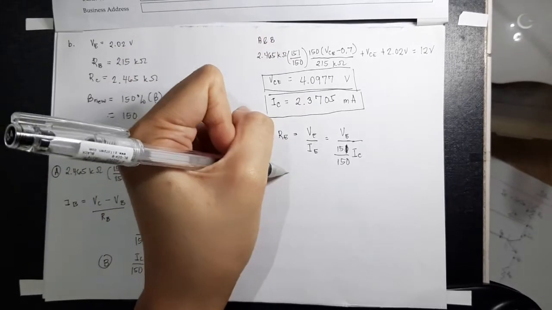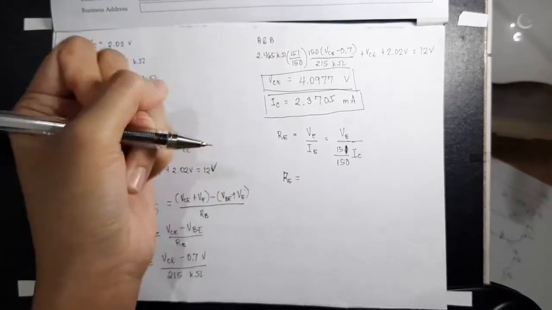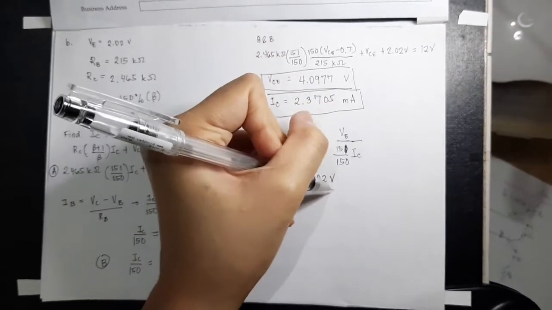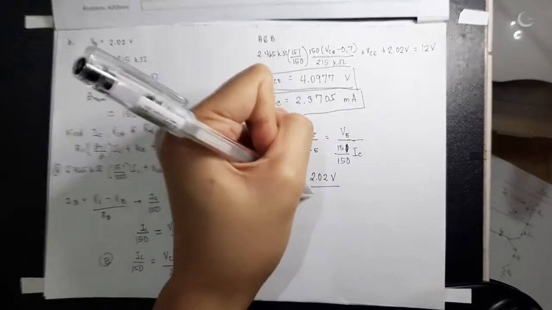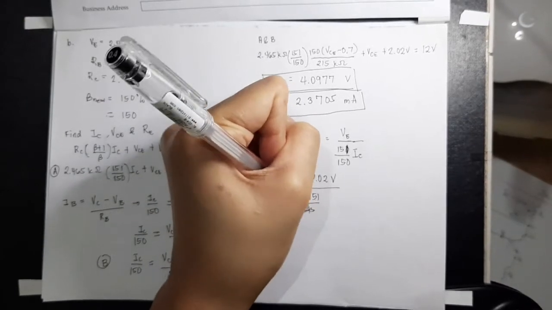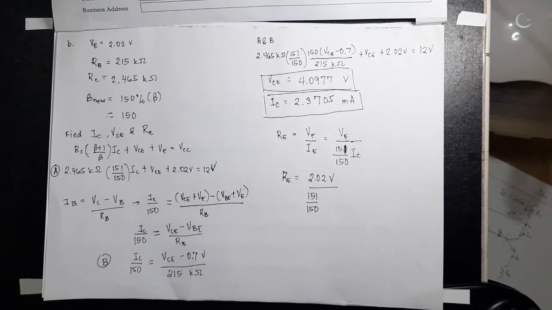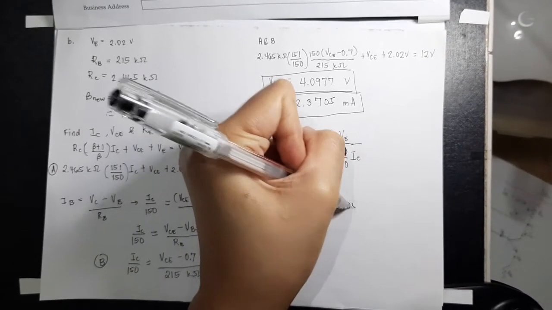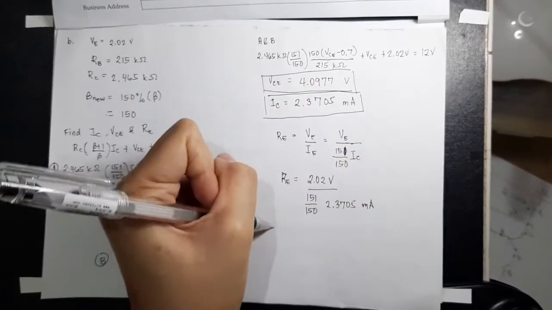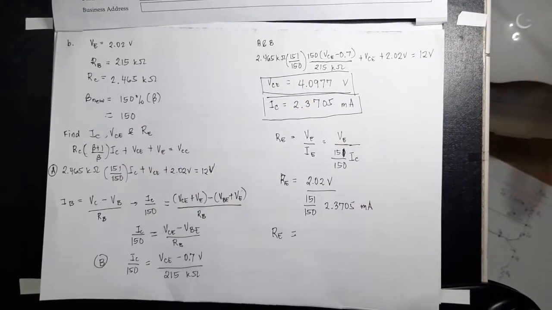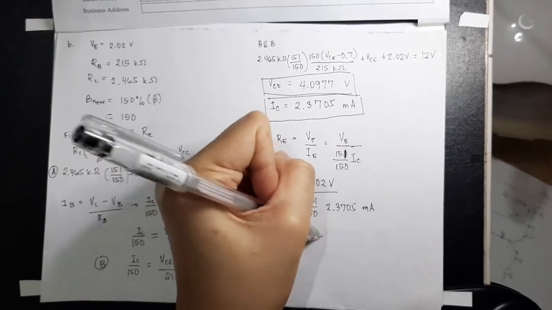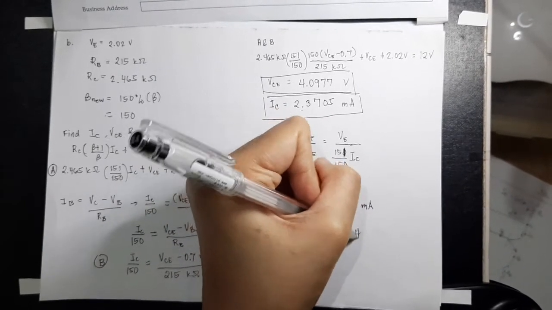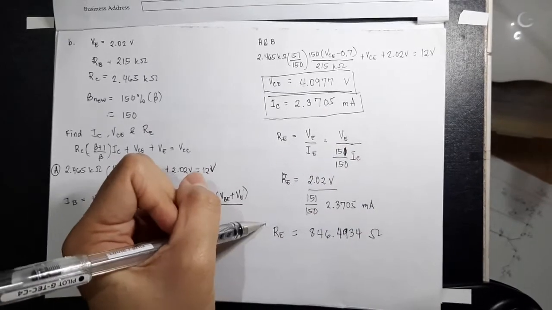And so RE is just, anong VE natin? 2.02 volts over 151 over 150 of IC. 2.3705 milliamps. So RE calculated value is 846.4934 ohms.